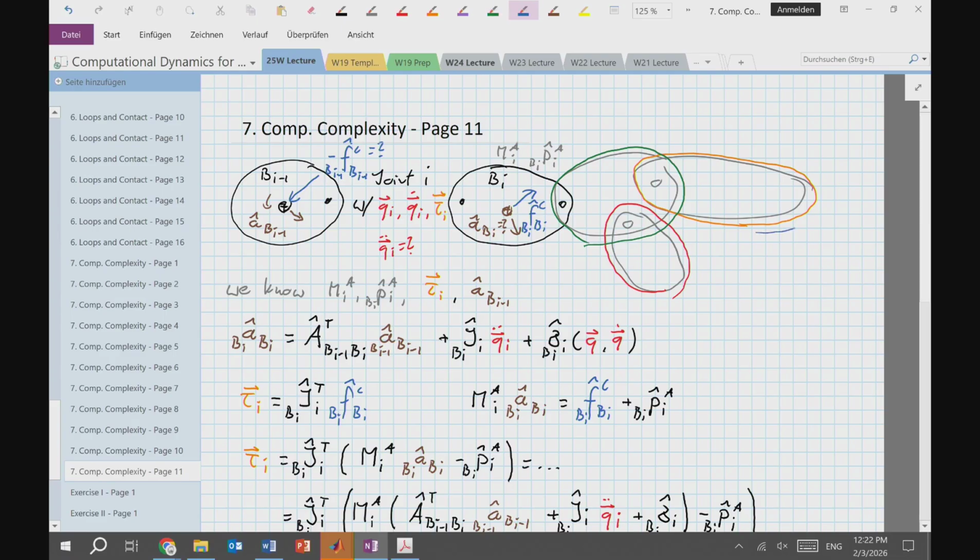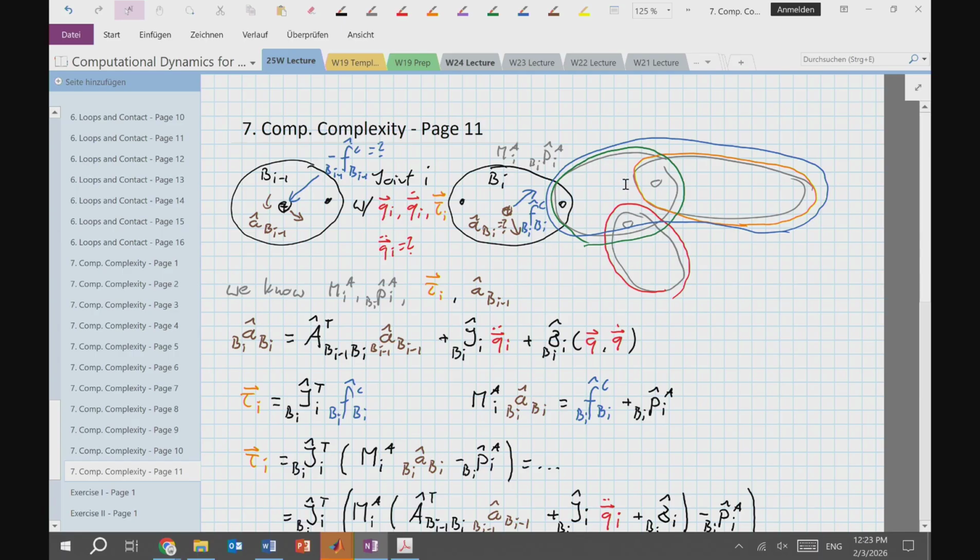So I could, for example, combine this leaf with this body to get the new articulated inertia of this subtree with this body as its handle.